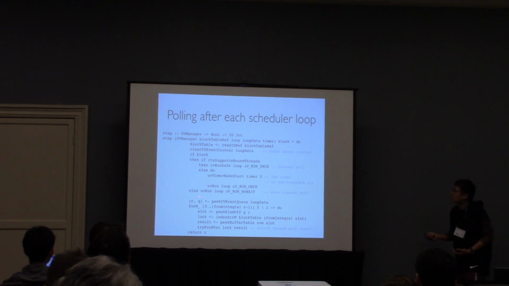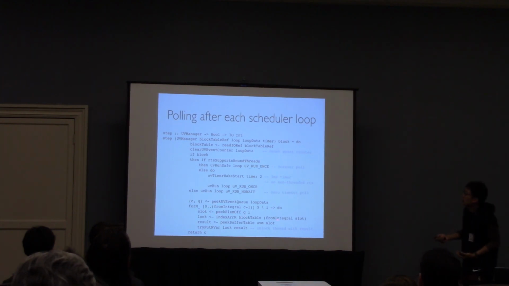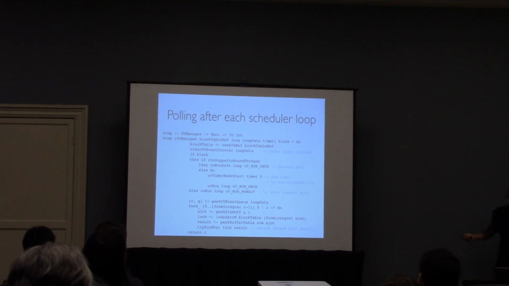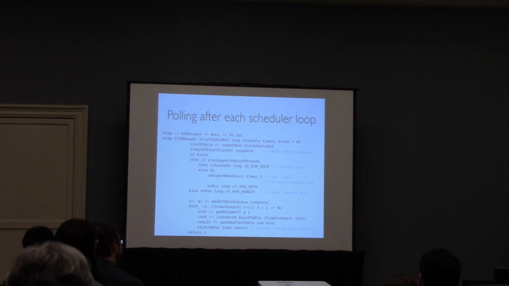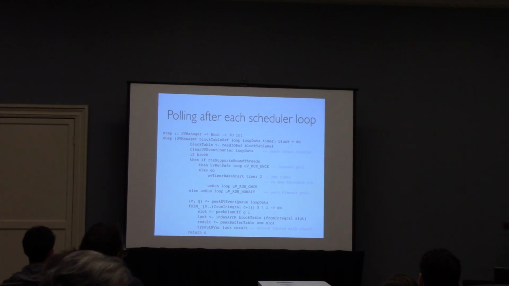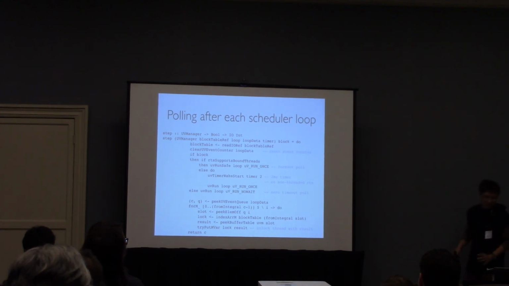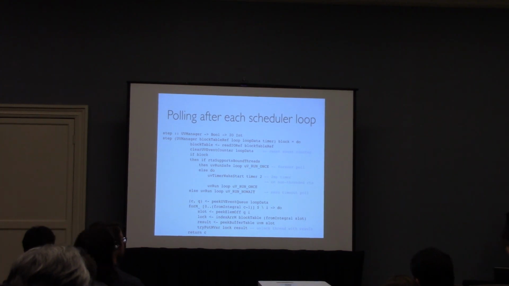After we get the slot number, we can pick the MVar back and fill the MVar with the result. Okay. So this is how the whole thing works together: we pass parameters to libuv and let libuv do the polling and the callbacks, and we process the events back into Haskell again.